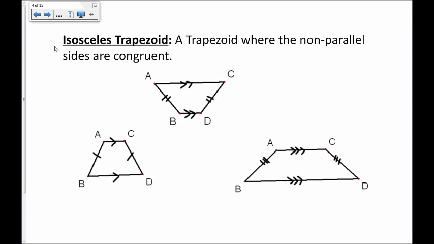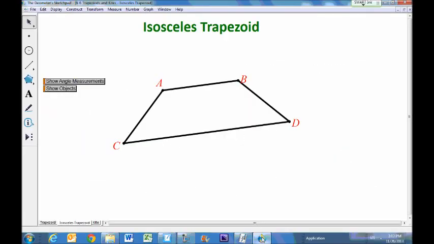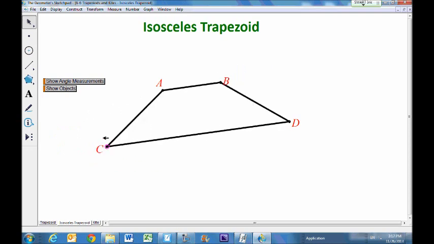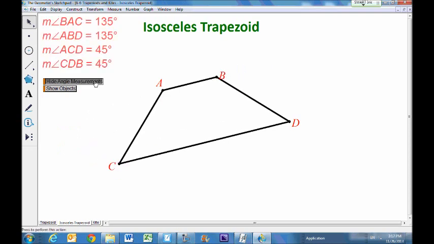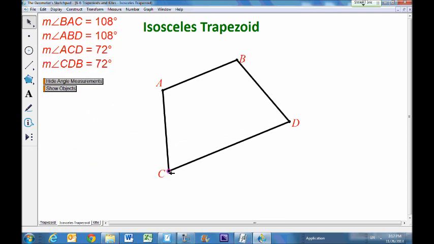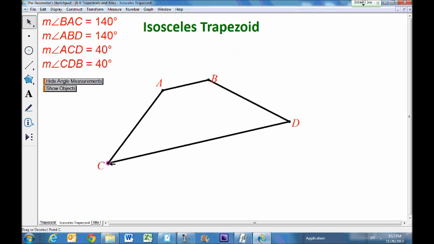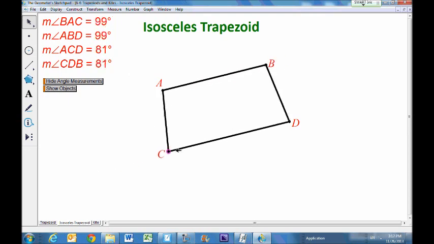Now let's look at some of the properties of an isosceles trapezoid using Geometry Sketchpad, and I've constructed here an isosceles trapezoid. Let me draw in the angles. You'll not only see that the same side interior angles are supplementary, but more important than that, you'll see that the base angles are always congruent.